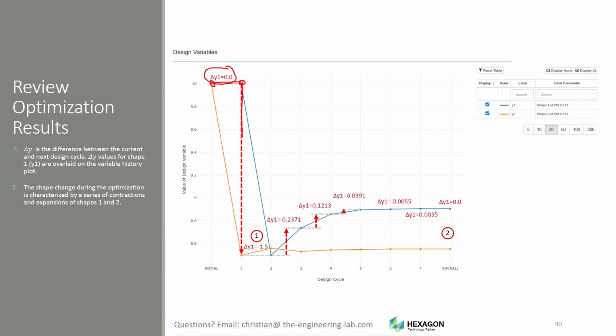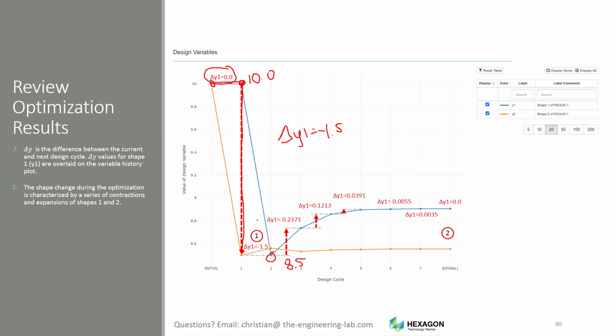You see that from design cycle 1 to design cycle 2, there has been a change in the value. So before we had 10.0, and now the new value is 8.5. So what's the delta or the difference? It's negative 1.5. So the shape for Y1 has been contracted by negative 1.5.